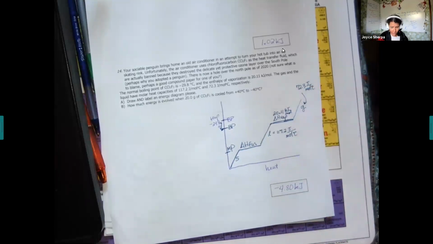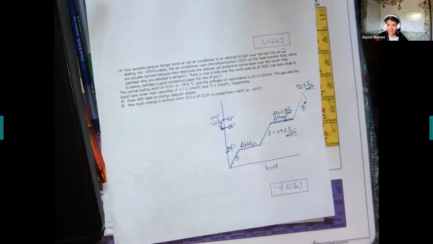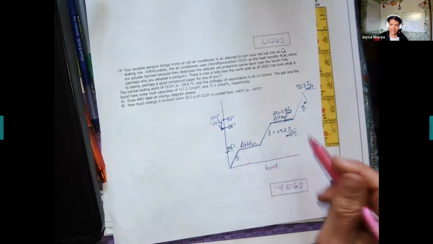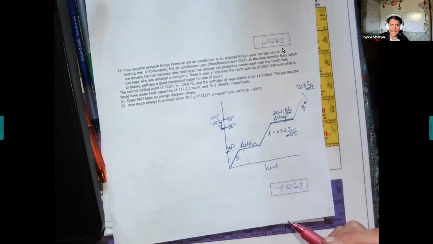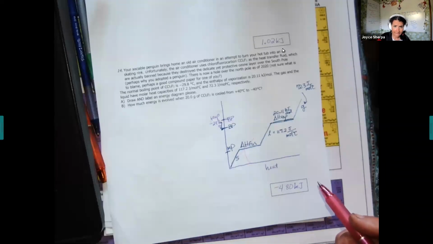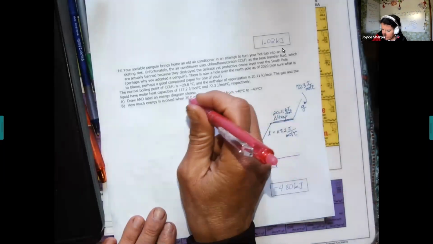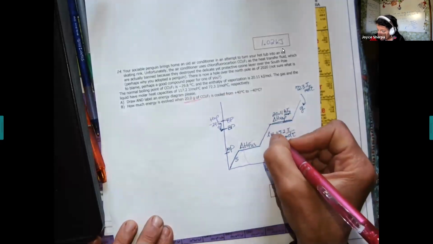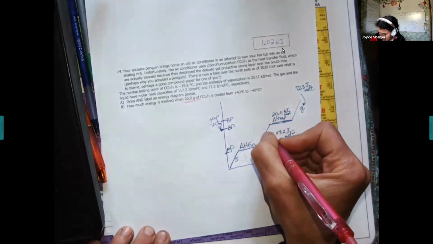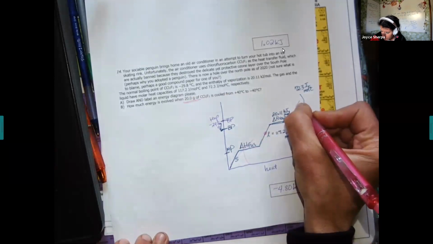All right, so we're actually only using this upper half of the graph. We're not going to use this part down here, but just to see what the full graph would look like. It says draw and label the diagram. Are there any questions about the diagram? And then we're going to have 20 grams, so negative 40 degrees must be somewhere here, and positive 40 would be up here.